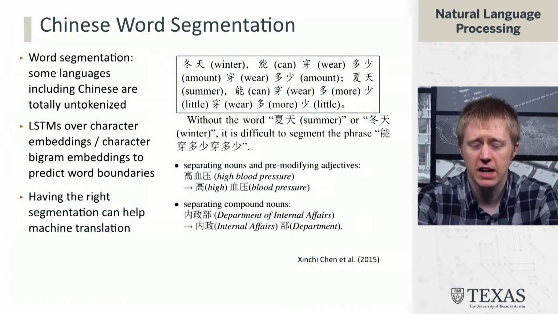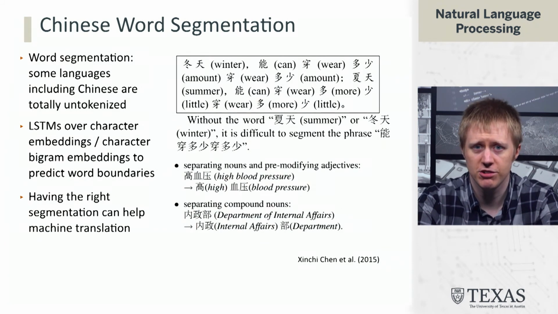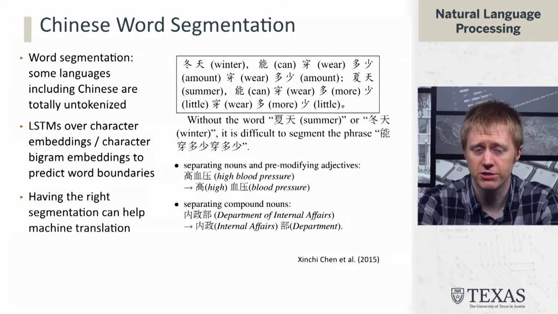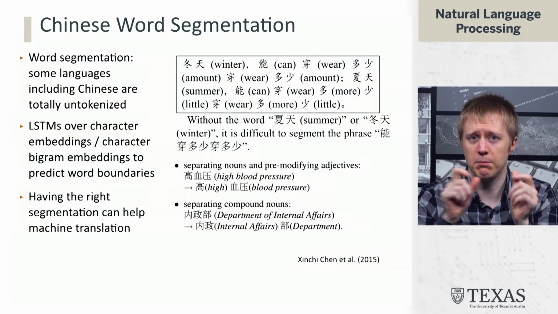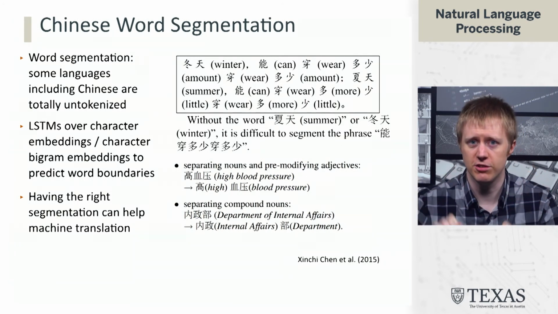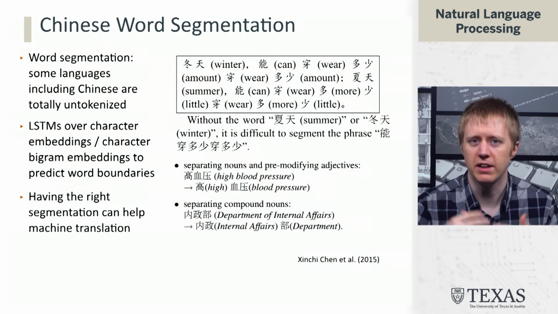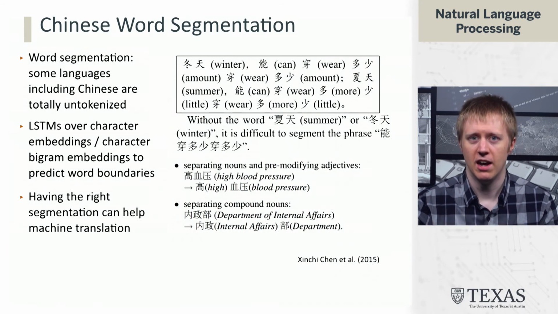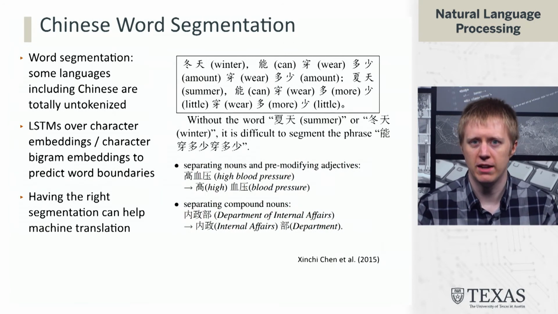The reason we care is that having the right segmentation is really useful for translation. For example, with the idea of high blood pressure, splitting it into high and blood pressure allows you to translate these two pieces in an independent, compositional fashion rather than all joined up together. So this is useful when doing translation, and it is a fairly common pre-processing task used in a lot of Chinese NLP.